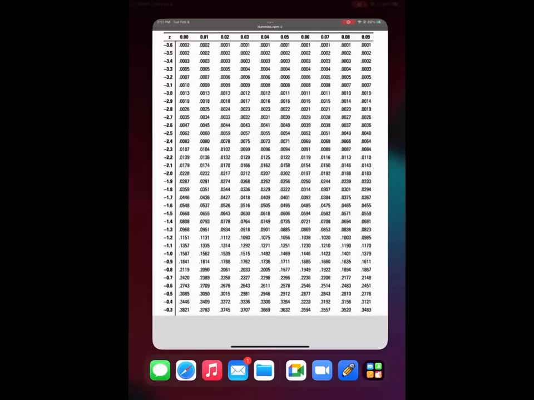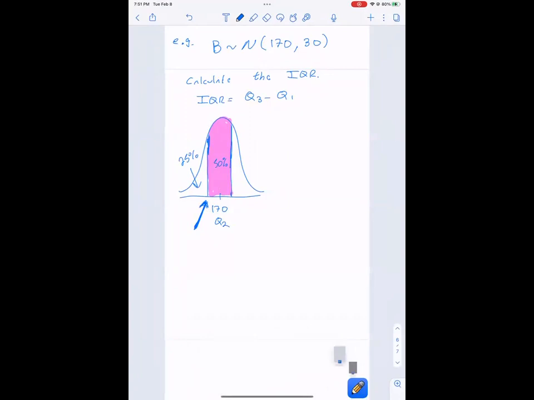Okay, so we will take as my z-score for this point, negative 0.675. And by symmetry, without actually doing any math, what is the z-score for that point? Positive 0.675, because if one side is 0.675 standard deviations below the mean, the other one is 0.675 standard deviations above the mean.